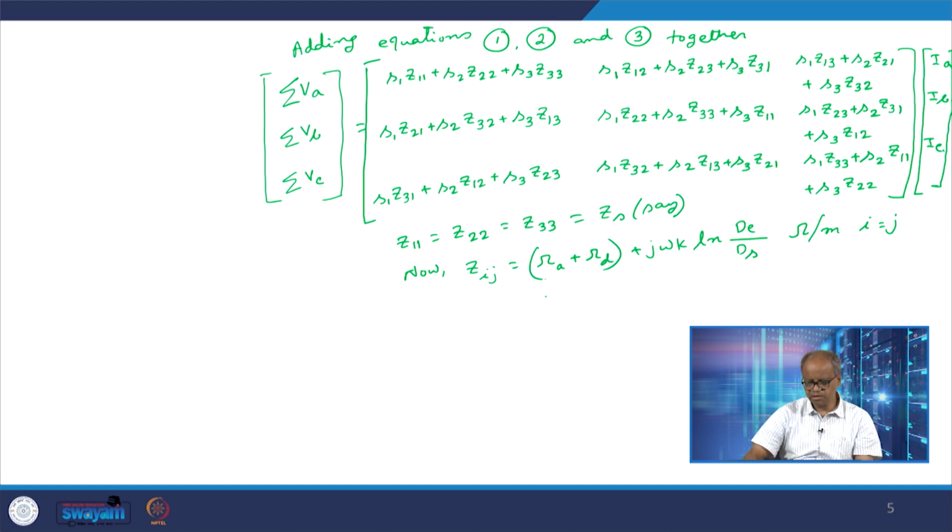RA is basically the resistance of the line and RD is the ground resistance. And this is equal to RD plus j omega k log dE by dij. This is for i not equal to j.